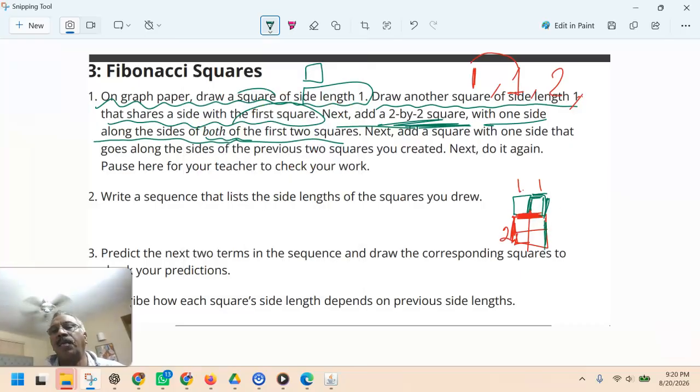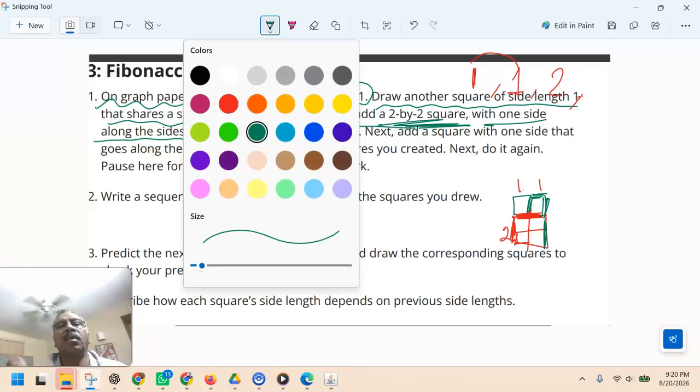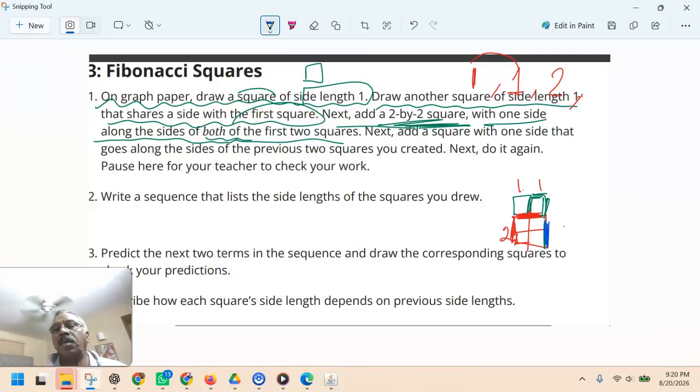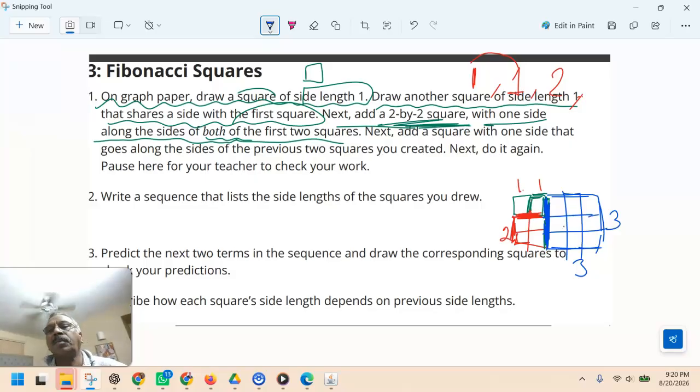This side length was 2, and the previous one, green one, was 1. Together 3, so I'm going to draw another square with side length 3 like this. See, it is 3 by 3. So the side length is 3, and 1 plus 2 is 3.